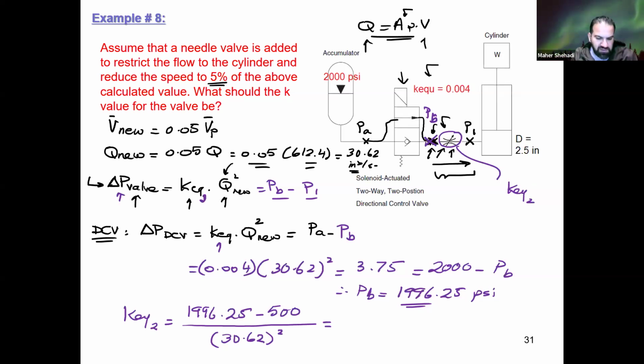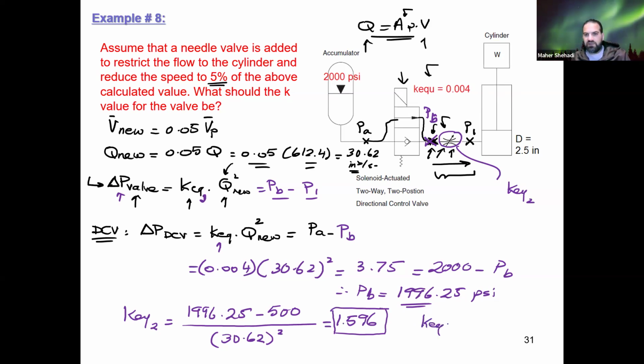So it would be 1496.25 over 30.62 squared. That will be 1.596. If you stop here, I would give you full credit for it. But since it's asking for the K value, you will need to do an extra step.